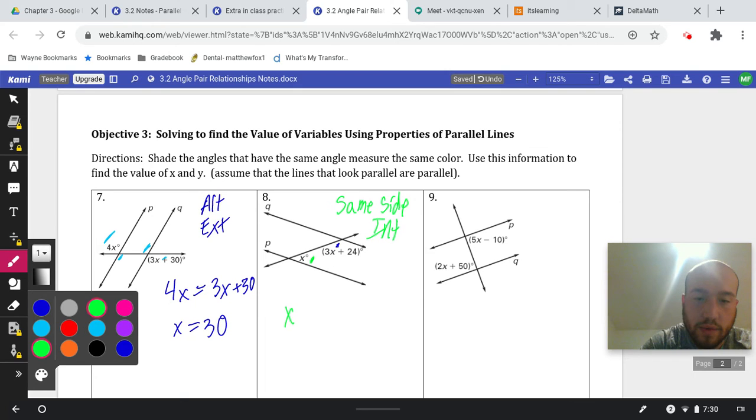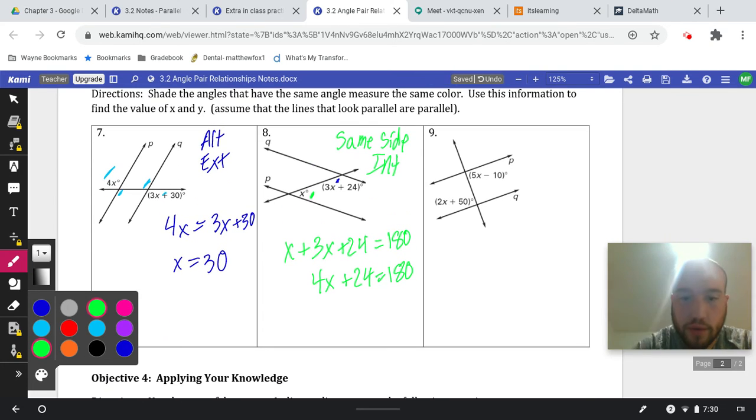So we know they add up to 180. And now we just subtract the 24. And x will equal 39.